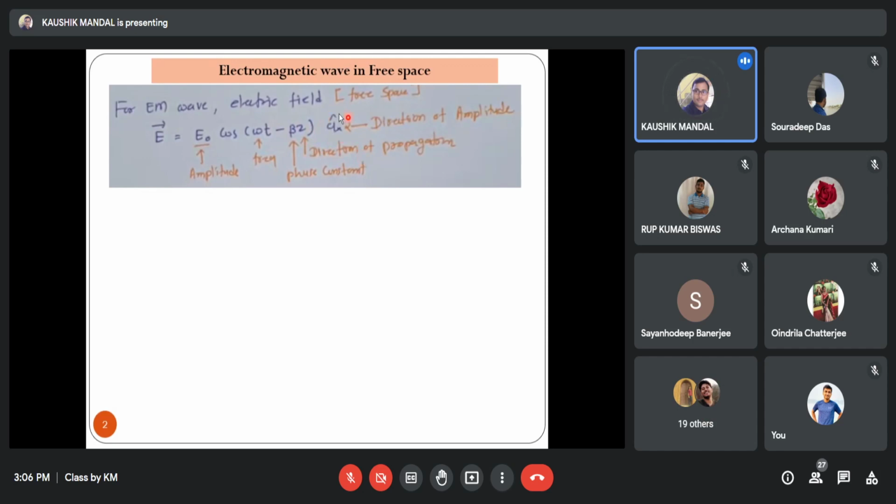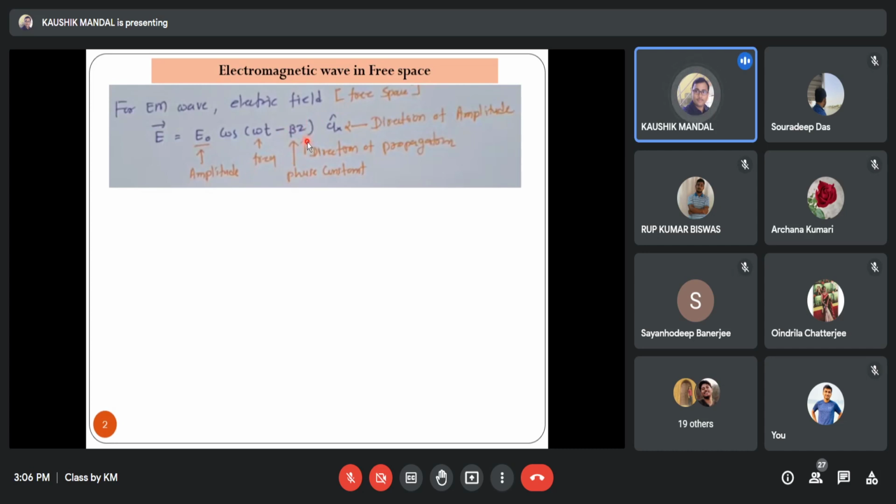The unit vector ax represents that the electric field is along the x-axis. That is, we are considering the x component of the electric field. So we can represent the electric field in free space as E equal to E0 cos of omega t minus beta z into the unit vector ax.